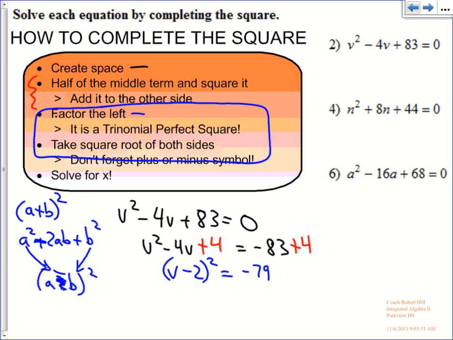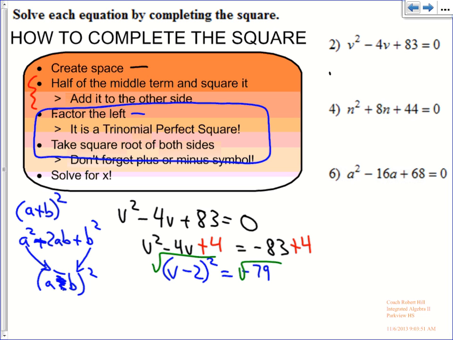Then, real quick, the last step is to take the square root of both sides, and I move the 2 to the other side, realizing that when it's a negative 2 on the left, on the right it's a positive 2.